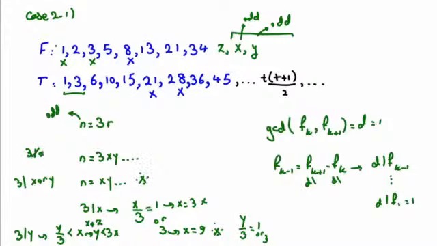In this case, 3 doesn't divide x and y. So n is 3xy times something. Now, because of this, we know that we also have 3x, 3y. So we should see 3x also and 3y. Okay, let's focus on 3x. We have x, we have y. y is greater than x. The next one is x plus y, which is greater than x plus something greater than x, so greater than 2x.